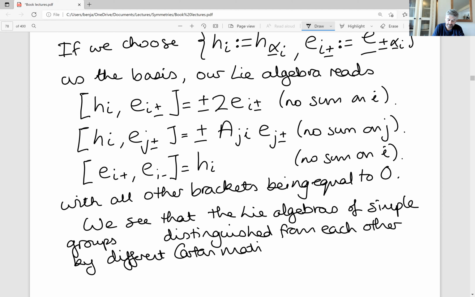So this is really the Cartan classification, a classification of finite dimensional complex simple Lie algebras, with all the caveats about specializations to compact groups.